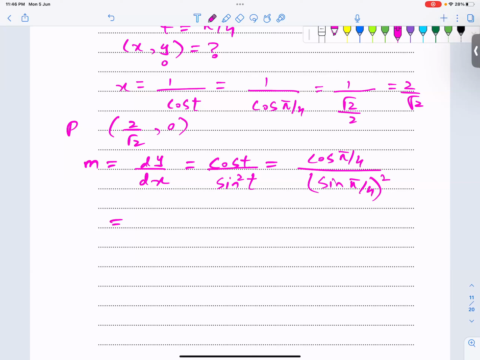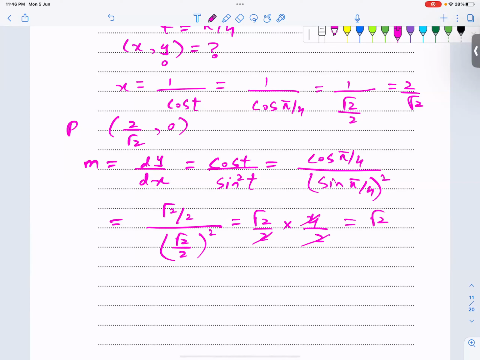We already know that cos pi by 4 will be square root 2 over 2, and sine pi by 4 is also square root 2 over 2, but this time it has a square. So this will be square root 2 over 2 times 4 over 2. So I can cancel these values, and finally I will have the gradient square root of 2.